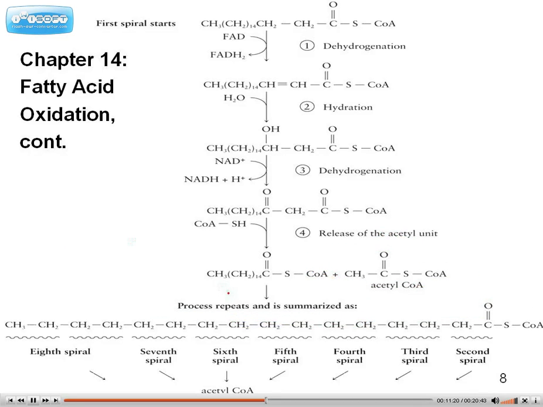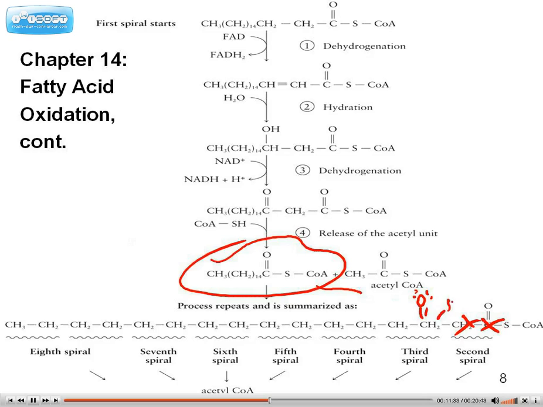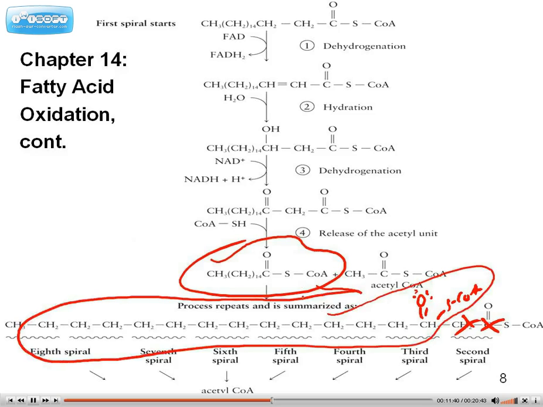Now, this process is going to repeat. So assuming that we took off these two carbons and we created a shorter fatty acyl CoA, we're then going to repeat the steps.